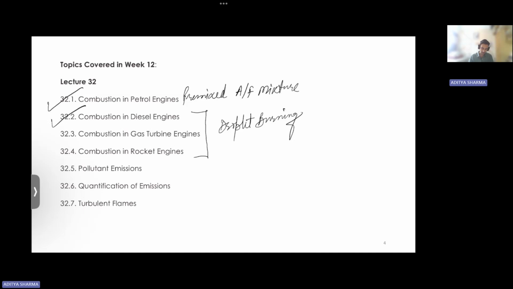Droplet burning is a part of non-premixed combustion systems. So first is your diesel engine.